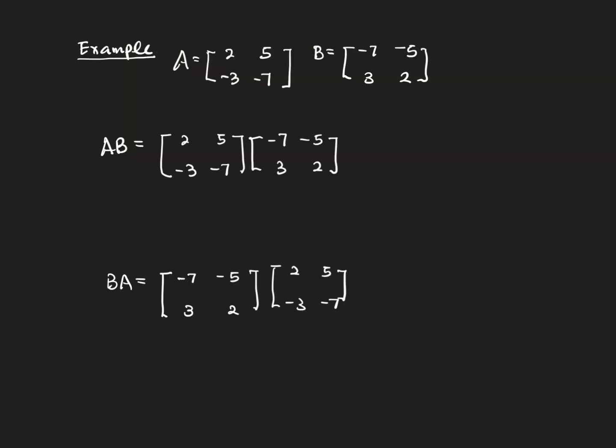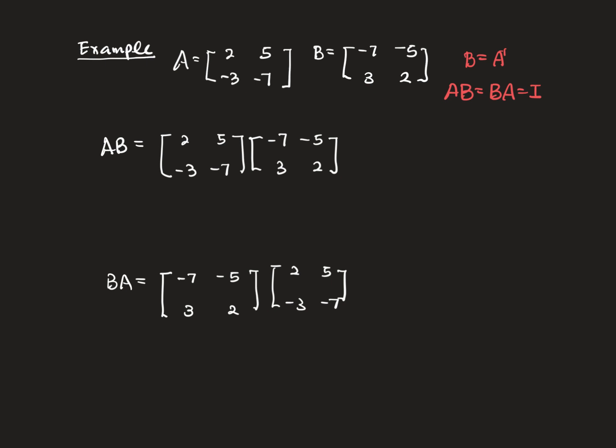Let's practice. The matrix A has an inverse matrix. How do we show that matrix B is the inverse? Matrix B is going to be the inverse of matrix A, so we have to show that A times B and B times A are the identity matrix.